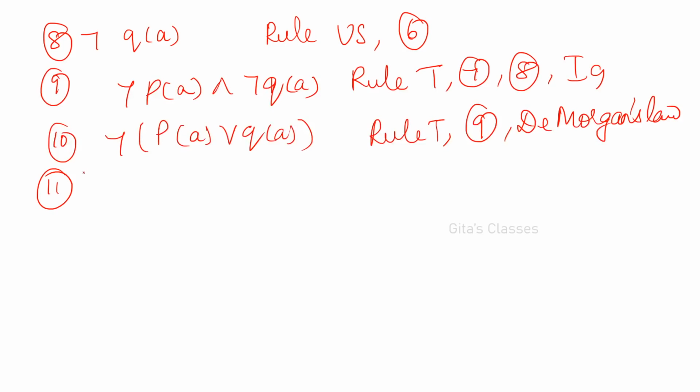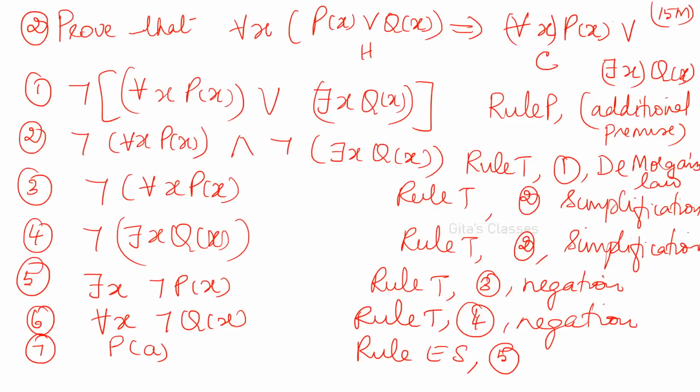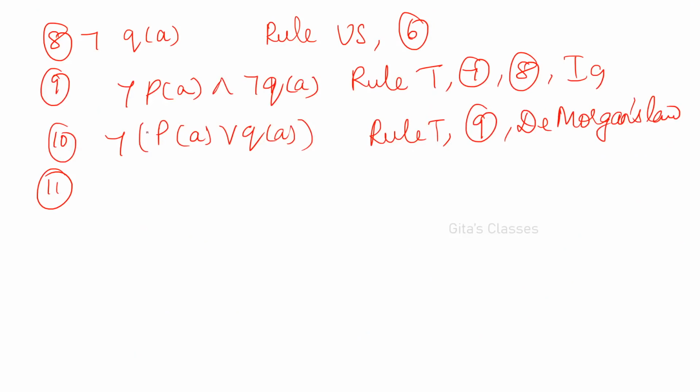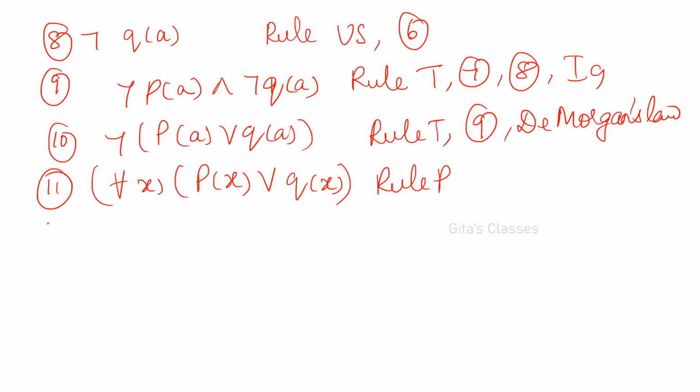Now I am going to introduce the other premise. For all x, P of x or Q of x. I am introducing the other, given premise, for all x, P of x or Q of x, which is rule P. Then from this I can write that P of a or Q of a.